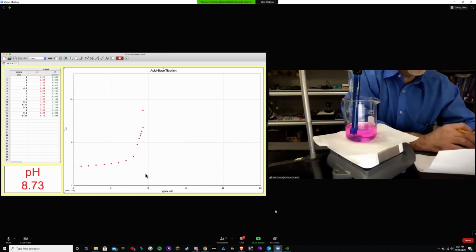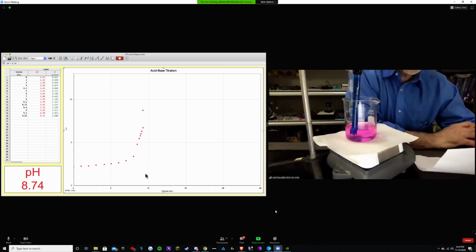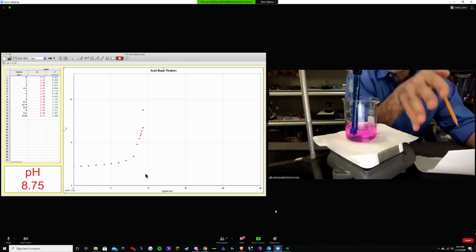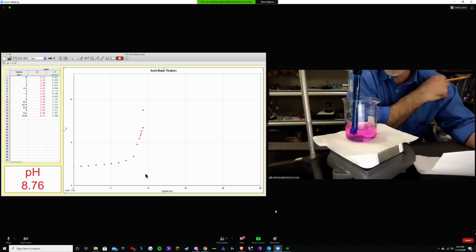Seven is the mid-range, indicating neutrality: the amount of added acid and base is the same. This is true only for the addition of a strong acid to a strong base. Sodium hydroxide is a strong base. Hydrochloric acid is a strong acid. Every time you add a strong acid to a strong base, the midpoint is neutral, the same as drinking water. Neutral pH is 7.